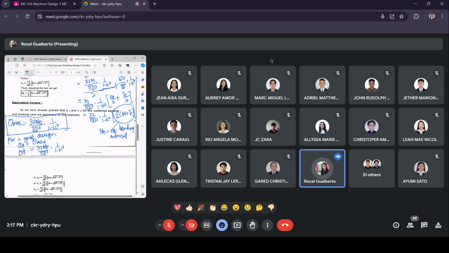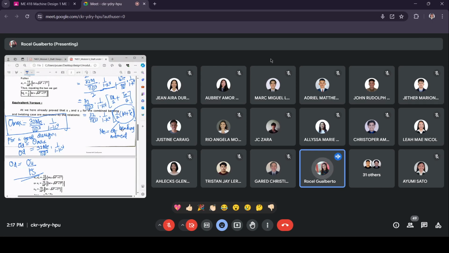What is sigma D? Sigma D is simply equal to sigma U divided by factor of safety. You cannot use here sigma Y over Fs. Why? The maximum normal stress theory is valid for brittle materials. That is why we are using here sigma U over Fs.